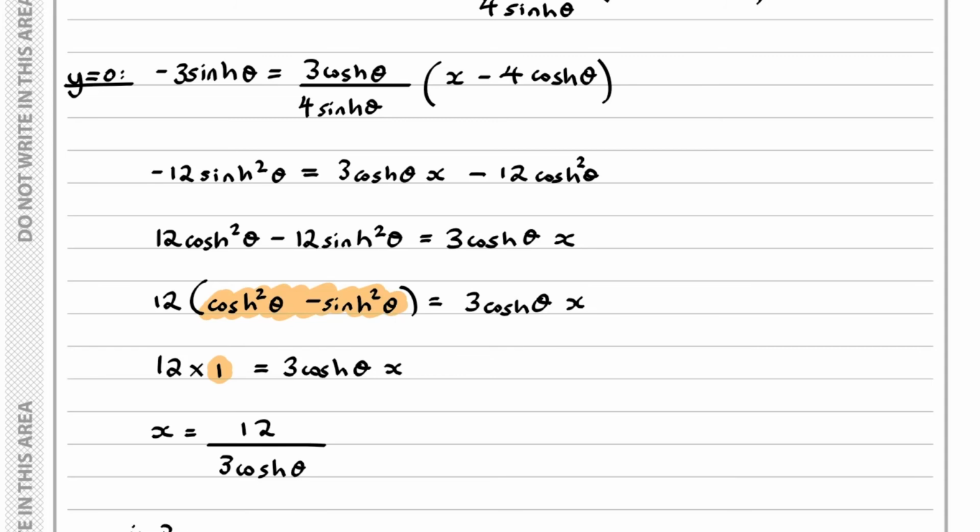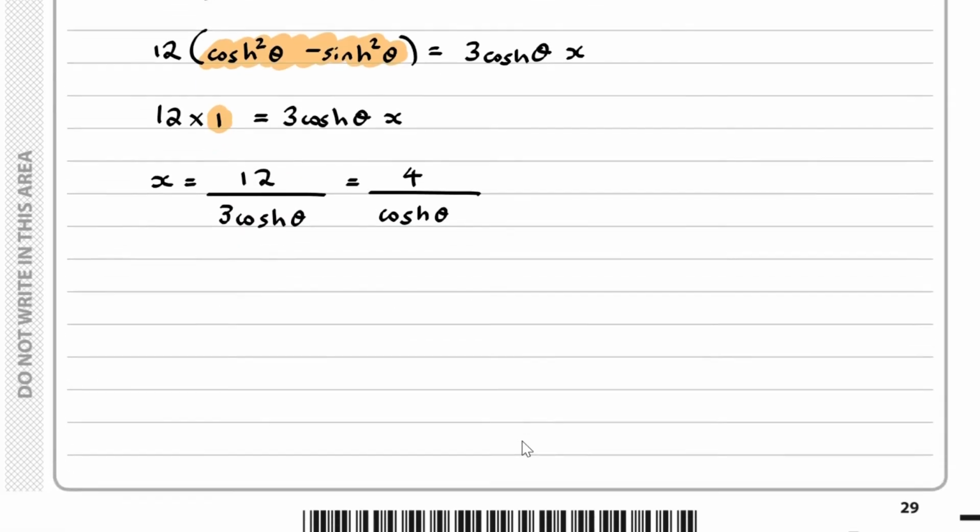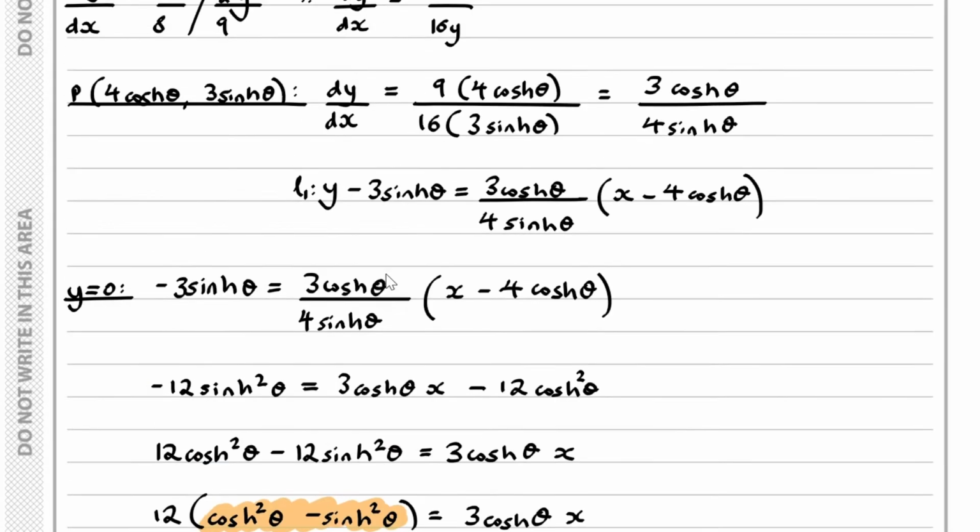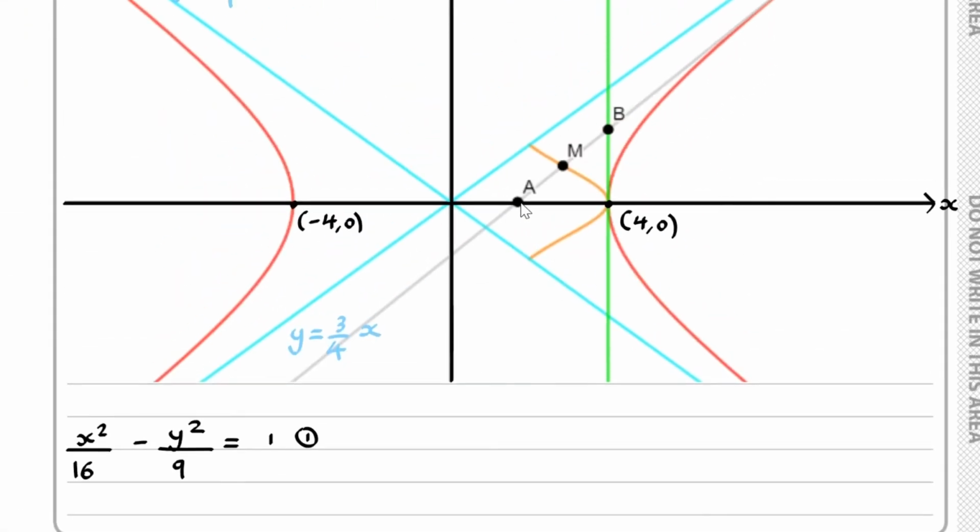So in conclusion, if we tidy this up here, x is equal to 4 over cos theta, and therefore the coordinates of A would be (4 over cos theta, 0). So hopefully so far that makes sense, what the coordinates of A is.